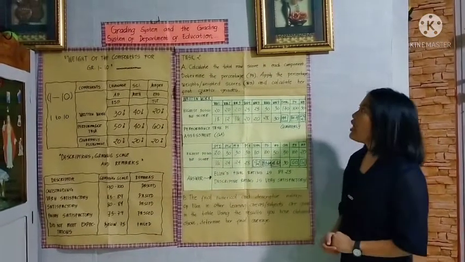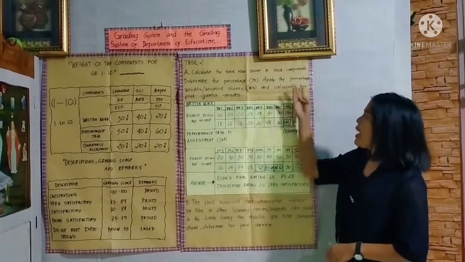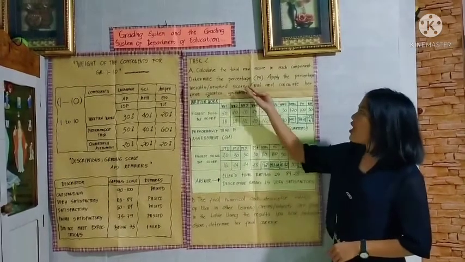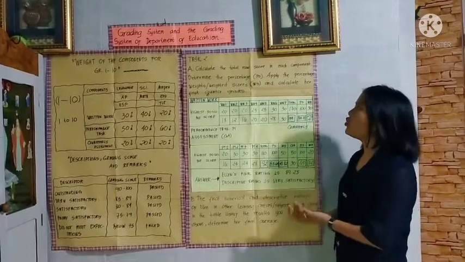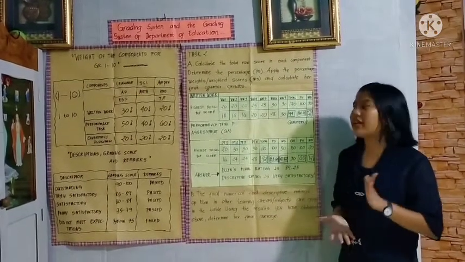Calculate the total raw score in each component, determine the percentage, apply the percentage weights to get weighted scores, and calculate her first quarter grade. So we're going to calculate Ellen Ramsey's grades in Araling Panlipunan.